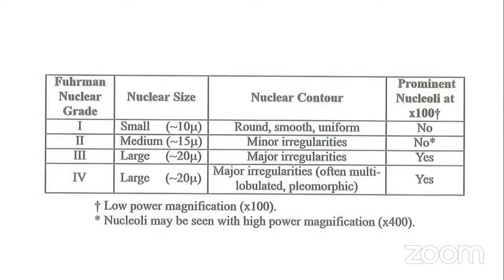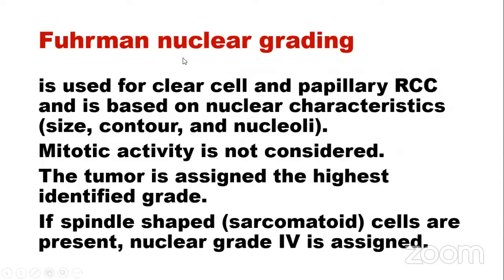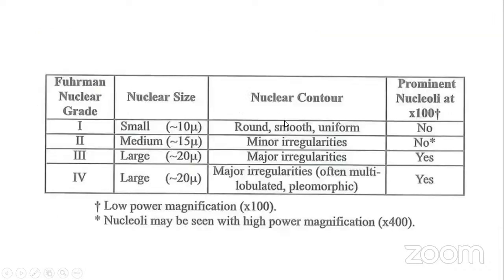nuclear grade. Fuhrman grading, as I mentioned, for clear cell and papillary RCC, is based on nuclear characteristics: size, contour, and nucleoli, as we see in this image at 100 times low power magnification, and also at high power magnification of 400.